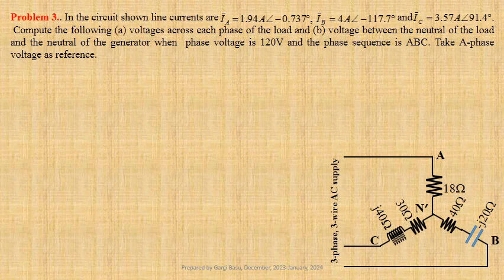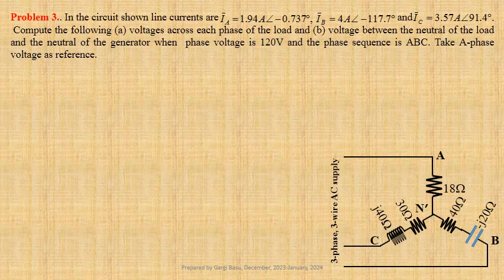We have to determine voltages across each phase of the load and voltage between the neutral of the load and the neutral of the generator when phase voltage is 120 volt and the phase sequence is ABC. We have to take A phase voltage as reference.